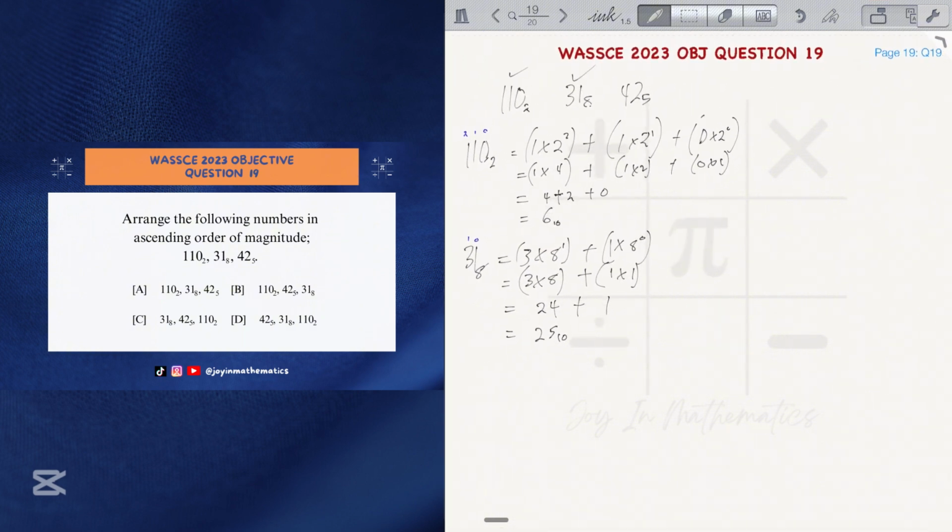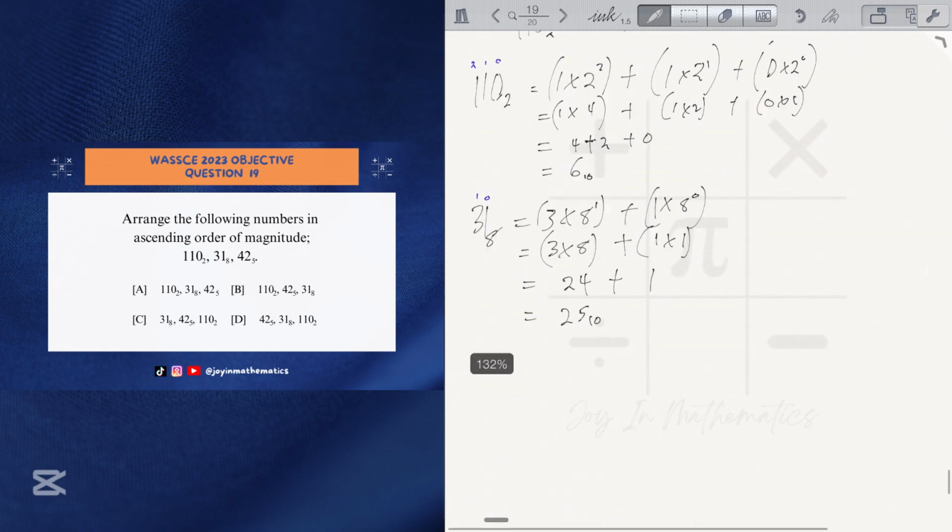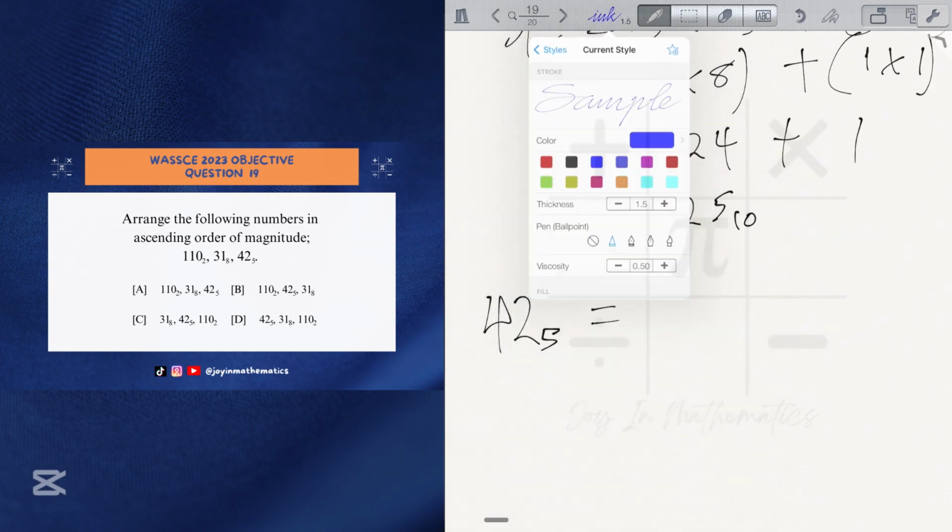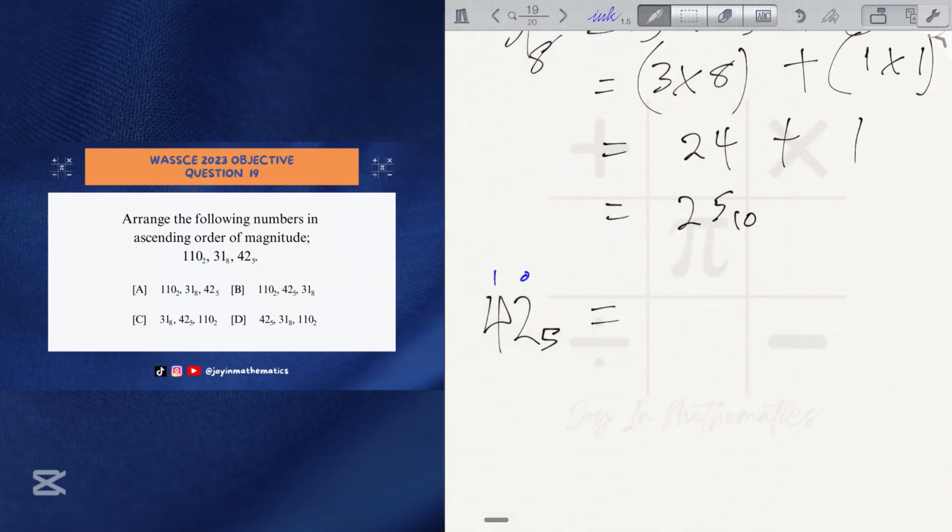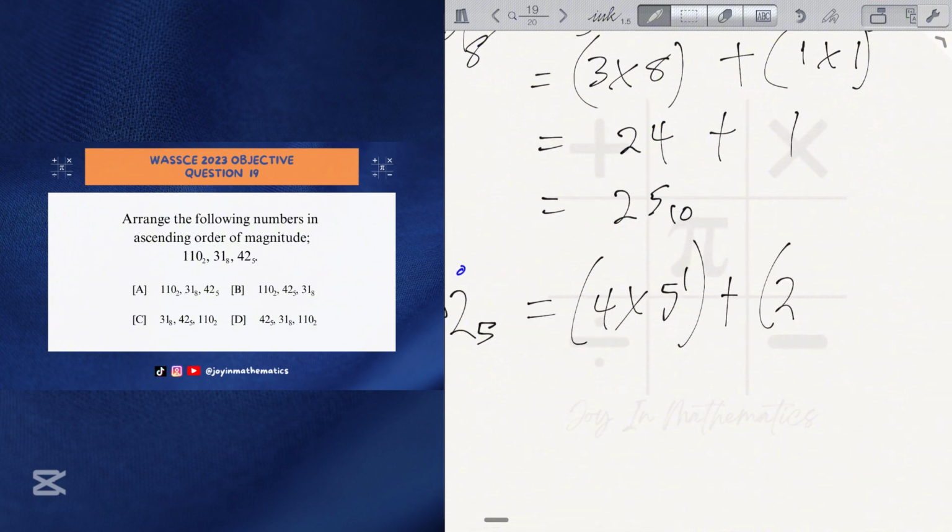Now let's finalize and do 42 base 5. Just like we did earlier, we apply the same thing, powers 0 and 1, and applying this, we have 4 multiplied by 5 raised to the power of 1 plus 2 multiplied by 5 raised to the power of 0.